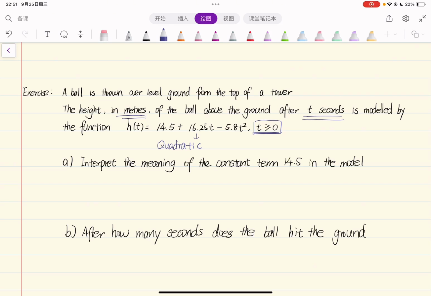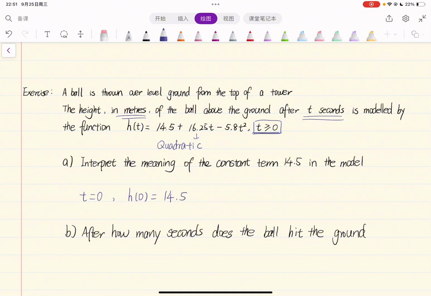Now, part A asks you to interpret the meaning of the constant term 14.5 in the model. Well, when we think about that, how can we be left with only 14.5 in this function? That is when t equals 0. So t equals 0, that is h(0) equals 14.5. So what happened when t equals 0 in this real-life situation?